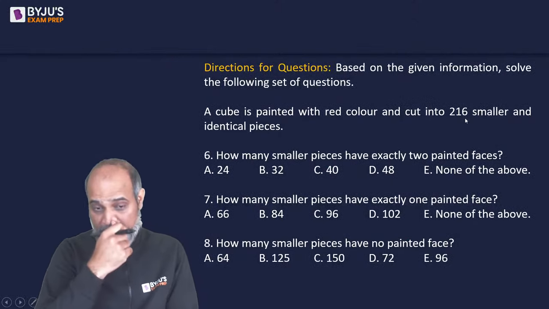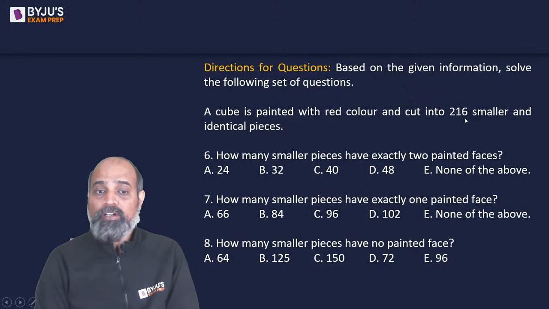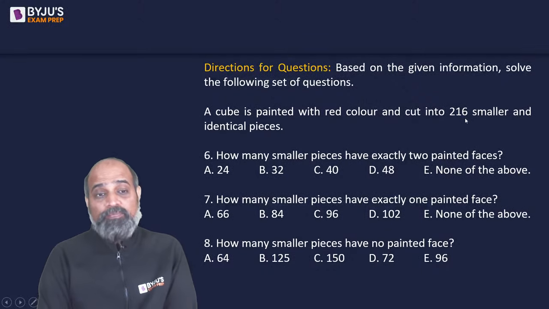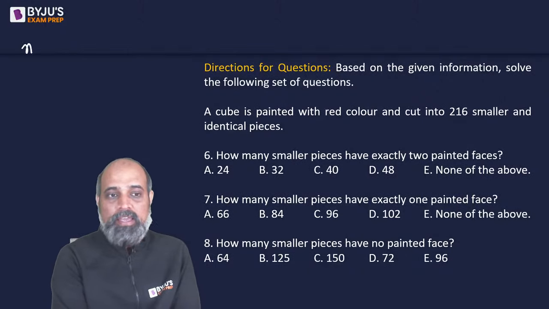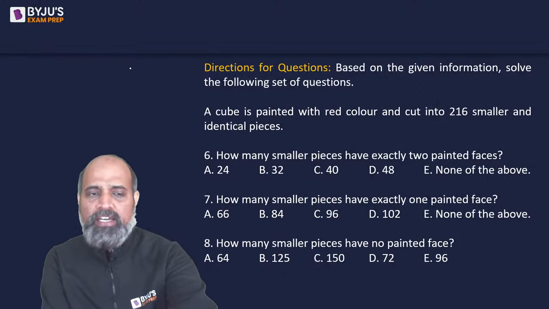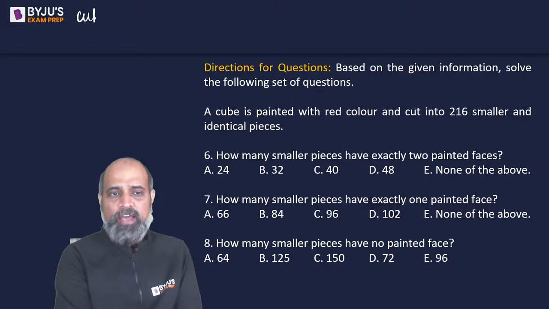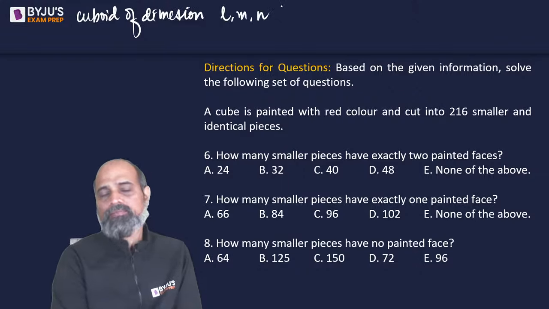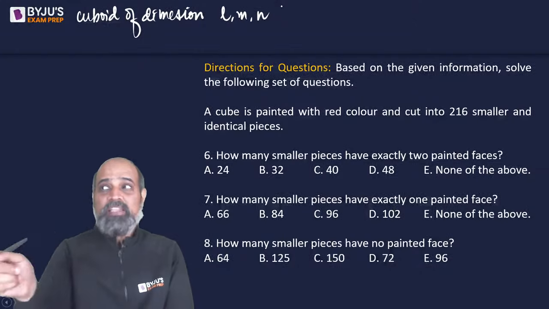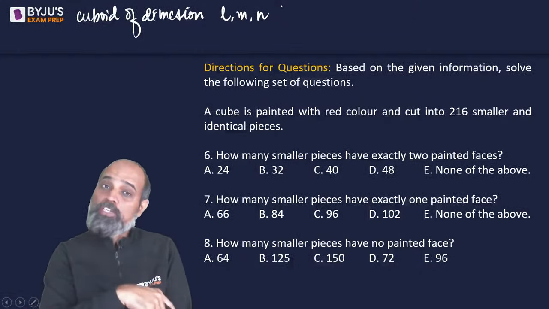Now, this is a set-based question regarding cubes. If you have a cuboid of dimension L, M, N, remember, if L, M, N are equal, it changes to a cube.